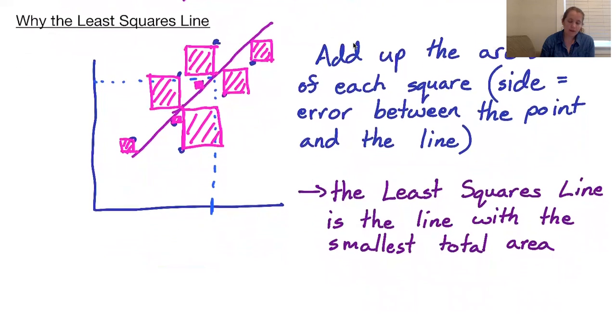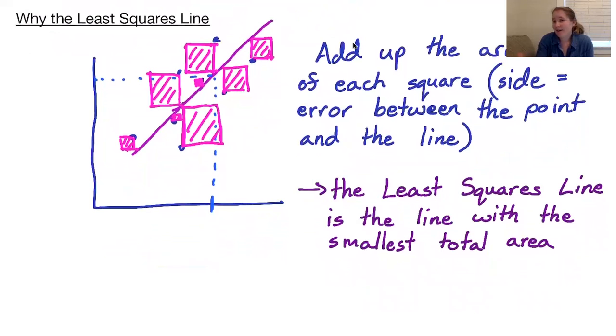So if you find the least squares line and add up all that area, and you pick another line that's different, it will have a larger total area if we add up all those squares. So the least squares line, basically, they're just trying to minimize the square of the errors.